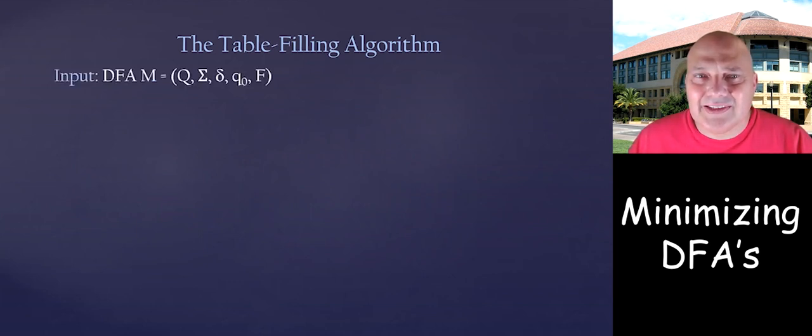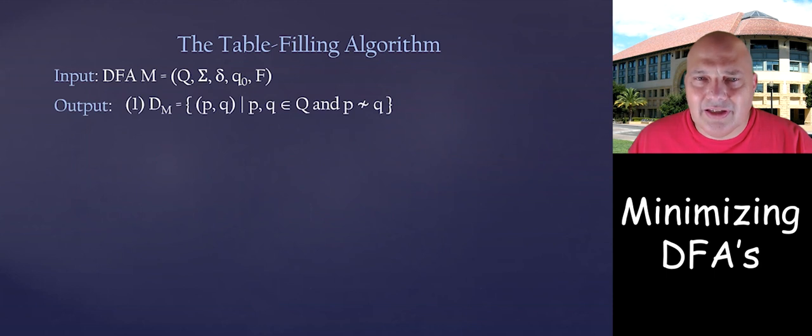The input is a DFA M, and the output is going to be a table, DM, that contains pairs PQ that are indistinguishable from each other.